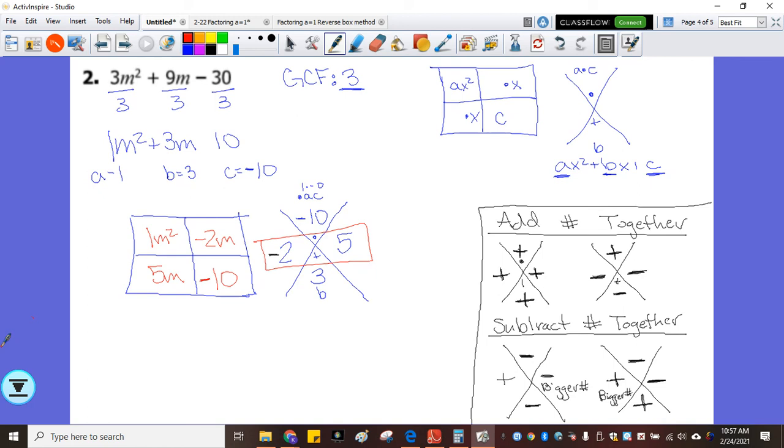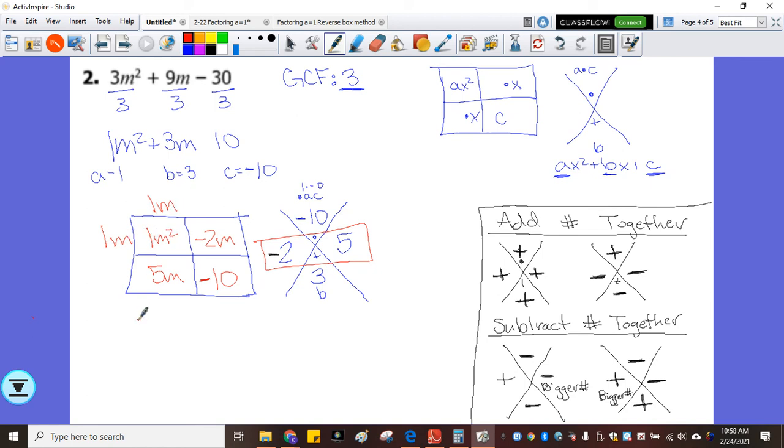All right. So our greatest common factor between 1m squared and -2m. So our greatest common factor between 1 and -2, 1. And they have one variable in common. Our greatest common factor between 1m squared and 5m. Again, 1m. 1 times 1 is 1.